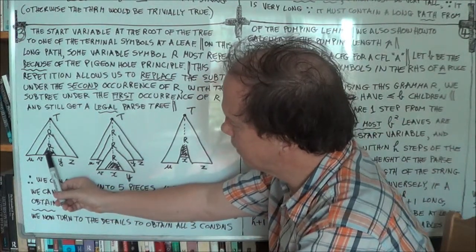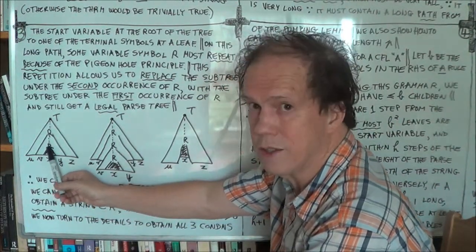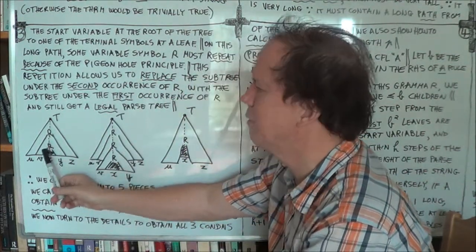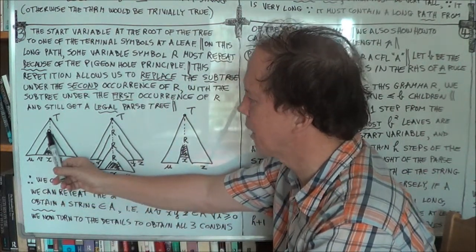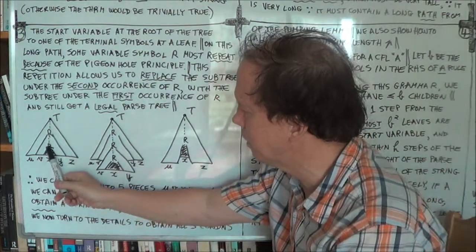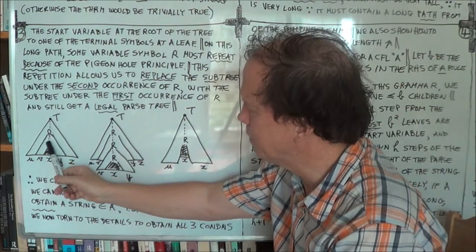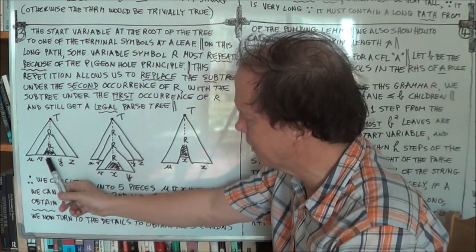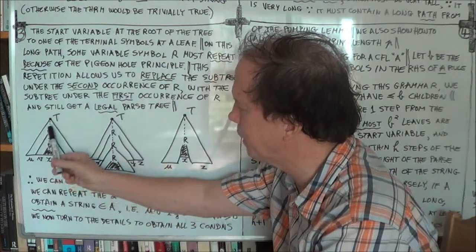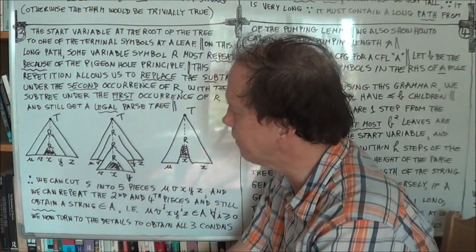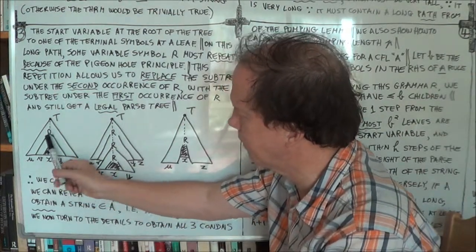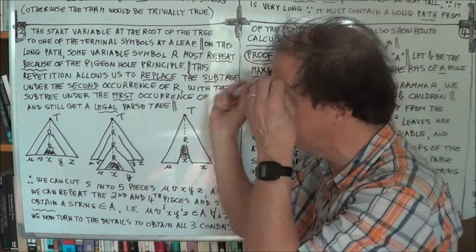So you have terminal, terminal, terminal, and that's a terminal. Sorry. Variable, variable, variable, variable R, variable, variable, variable R, variable, right to the top. So all the symbols above the terminal will be variables, and two of them are the same. There has to be, and we'll show that in the proof.